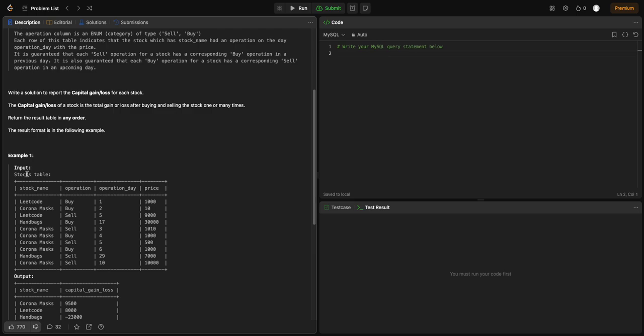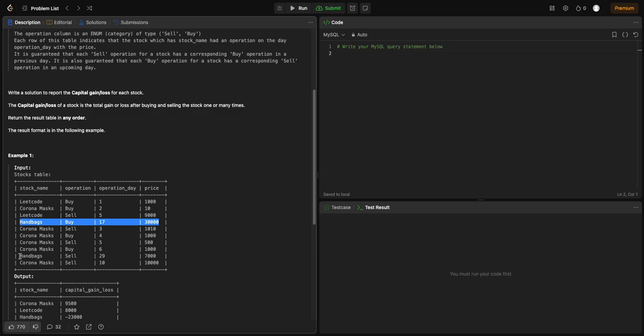So we are given the input table stocks, which has four columns: the stock name, operation, operation day, and price. Let's go ahead and try to compute the capital gain or loss for one particular stock. Let's try to find it for the handbag stock. The first record with the stock name as handbags has an operation buy and the price is 30,000.